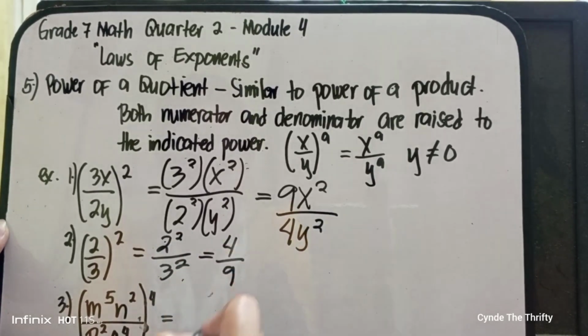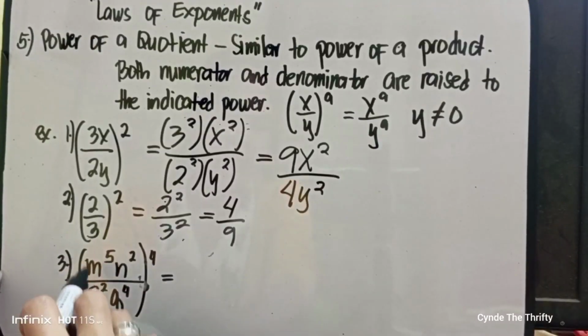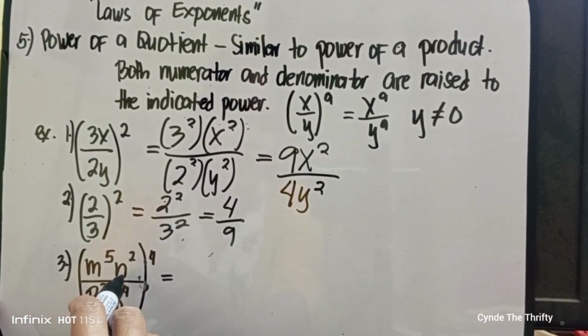So 4 over 9. And then m raised to the power of 5, and then n squared divided by p squared, q raised to the power of 4, all to the 4th power.